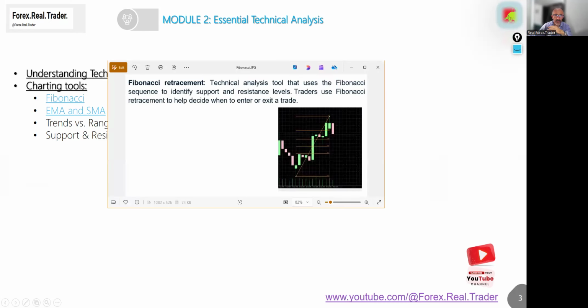So what is the Fibonacci tool? Basically, the Fibonacci, in this case the retracement, is this. The retracement levels in the Fibonacci are horizontal lines that indicate potential support and resistance levels based on key Fibonacci ratios. The key Fibonacci ratios that we're going to focus on are 38.2%, 50%, 61.8%.